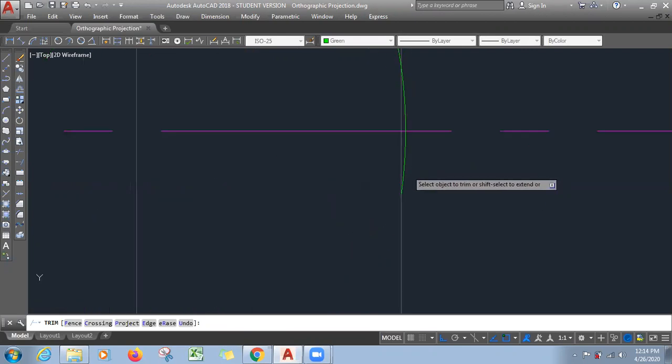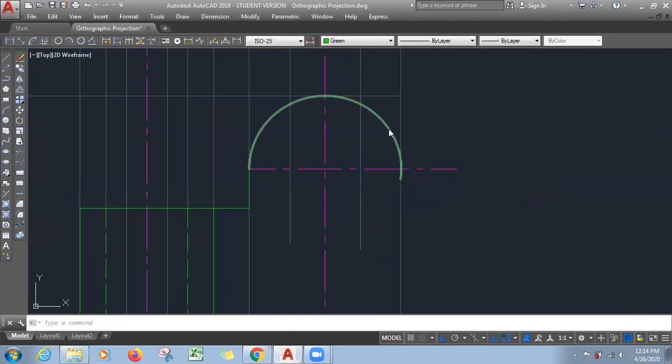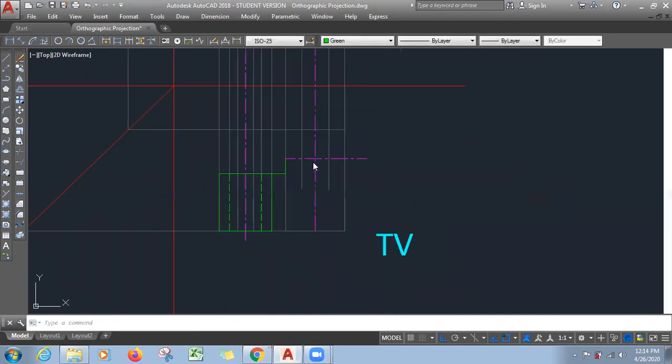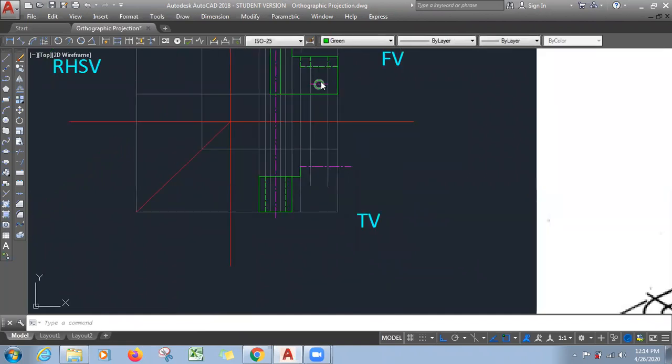Like this. One sec, made some mistake. I think this line is not straight.